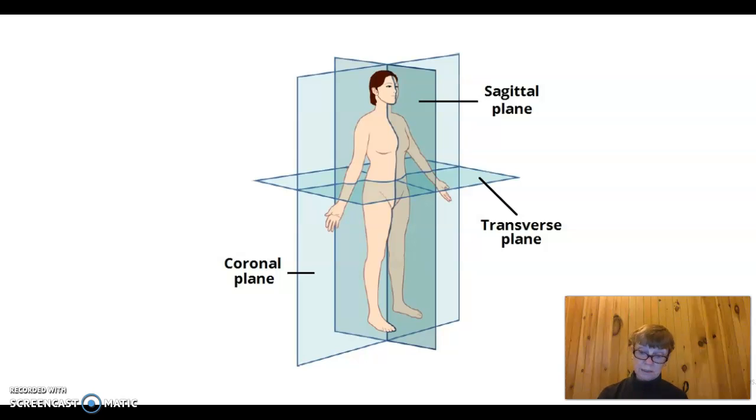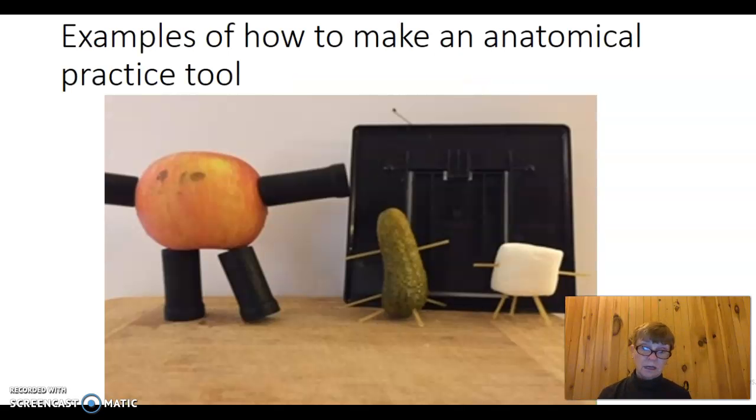So again, practice that. And here I've created what I like to use at the house if I'm helping somebody review: a little apple anatomical person or a pickle anatomical person or the marshmallow. What I would have you do is take toothpicks or some other little device and put a toothpick in where the coronal plane would be, tag that, and actually explain to yourself the coronal plane is this way.